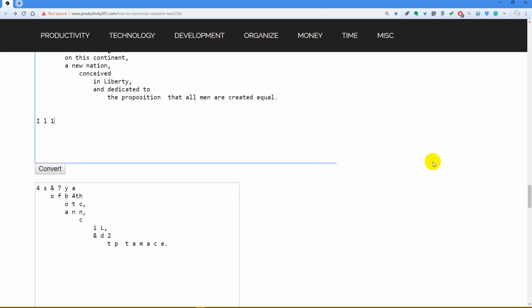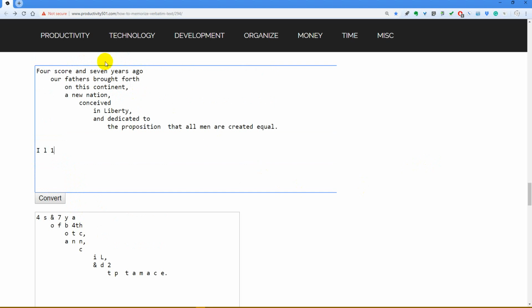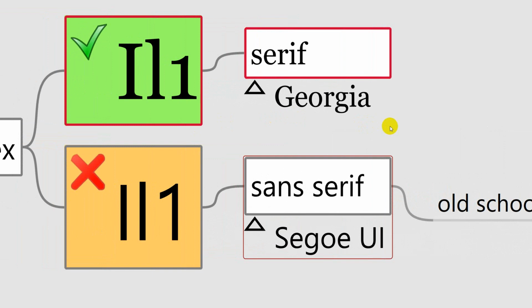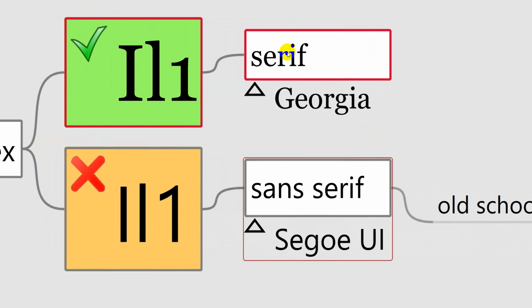And I think back here in this Productivity 501 page, this might be some kind of a variation of Courier because it looks a lot like that, but you can tell the difference here. So in this application, you probably don't need to worry about fonts. But again, in some applications, if you're using a sans serif font, it might be better to switch to a serif font.